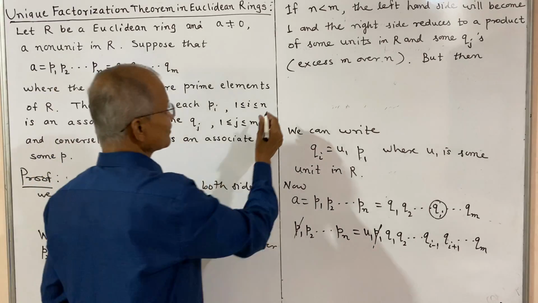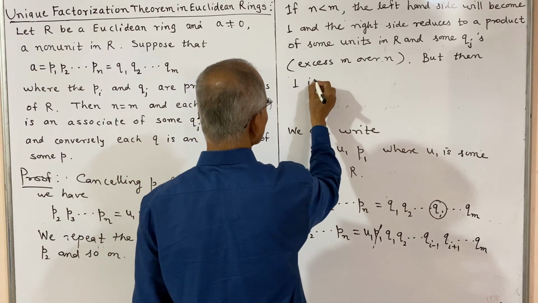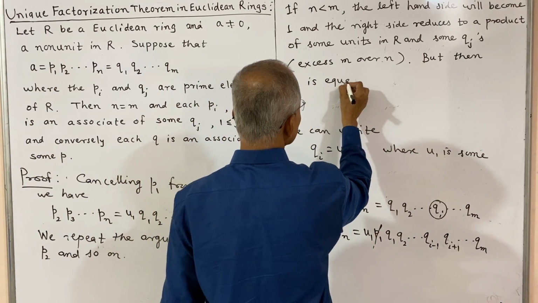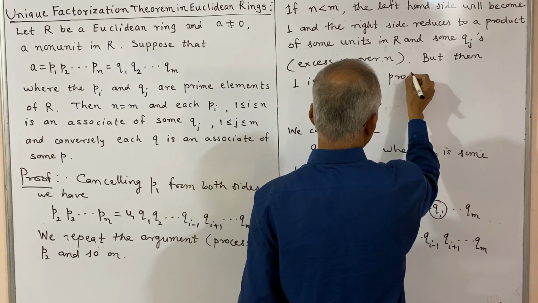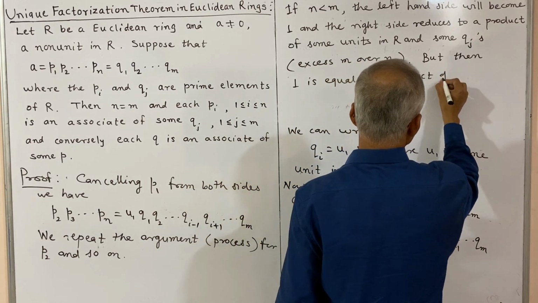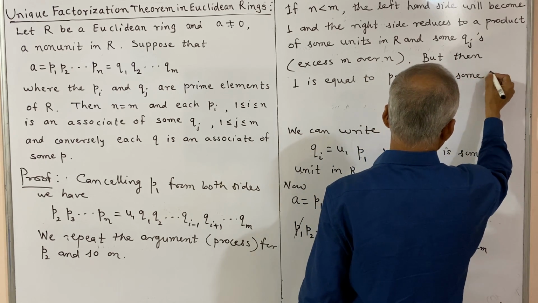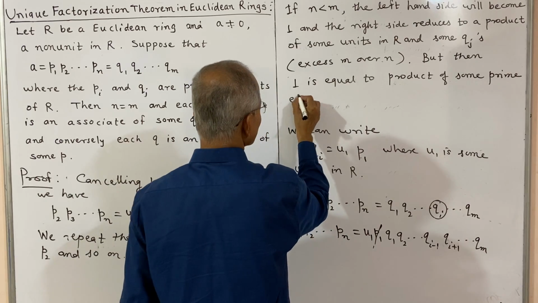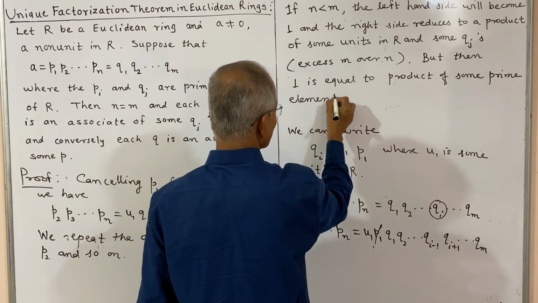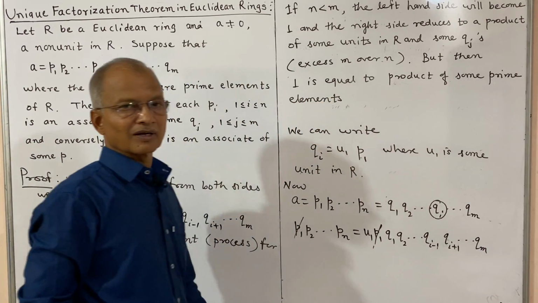Then 1 is equal to a product of some prime elements, and this is a contradiction.